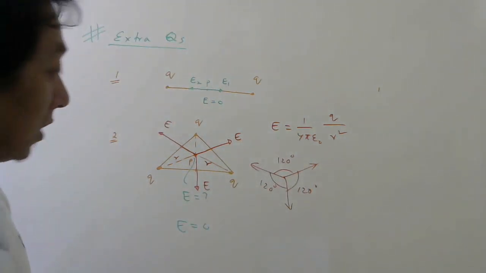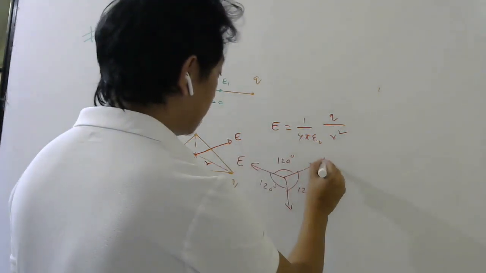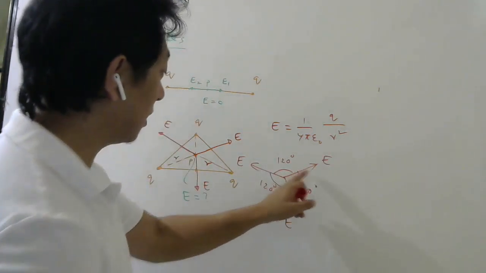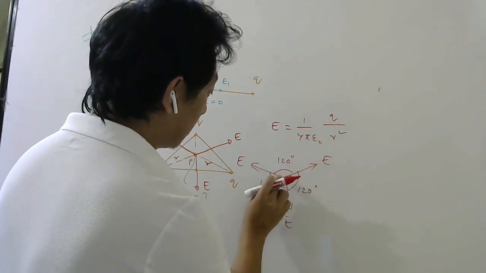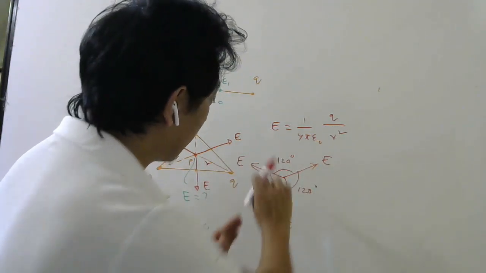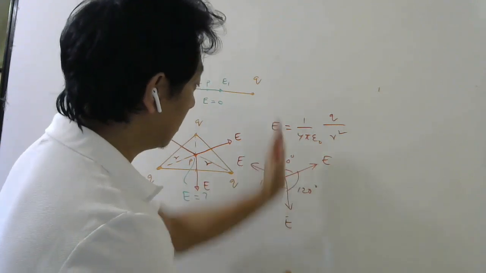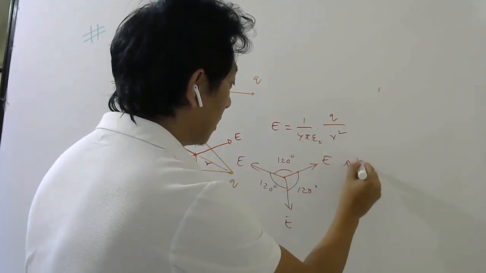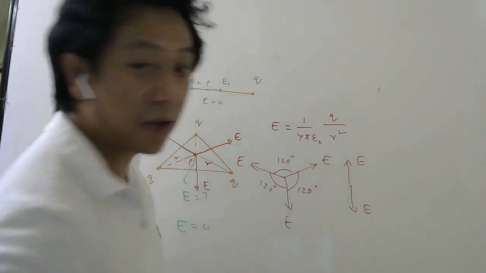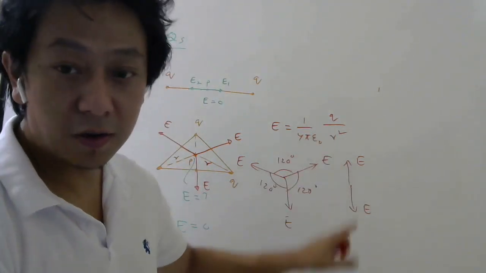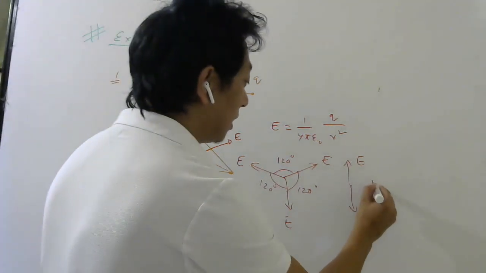If two vectors have the same magnitude and they are at 120 degrees, the resultant of these two, this electric field and this electric field, will bisect this angle like this. So it will be E here, and that E and this E will be directly opposite, and they are equal in magnitude also. So the total electric field will be 0.